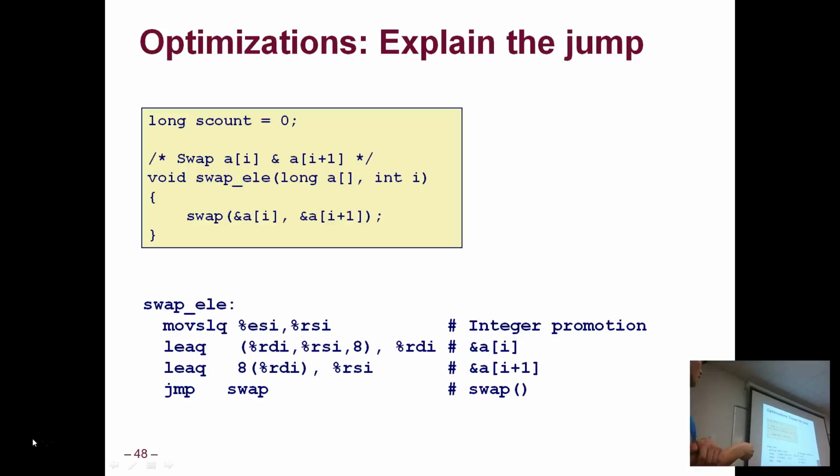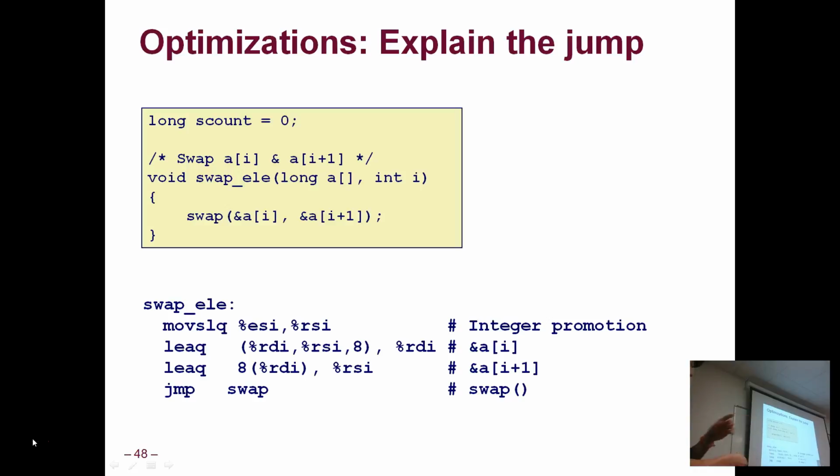After you call into swap, swap is going to return. If you did this as a call to swap, and then swap runs and you call return, it's going to go back here and call another return. Double return. And it's like, why did I do that? Why don't I just do a jump? Then when the swap function returns, it'll skip over this and go directly to whatever called swap element.